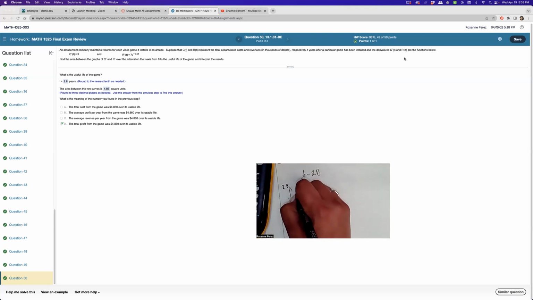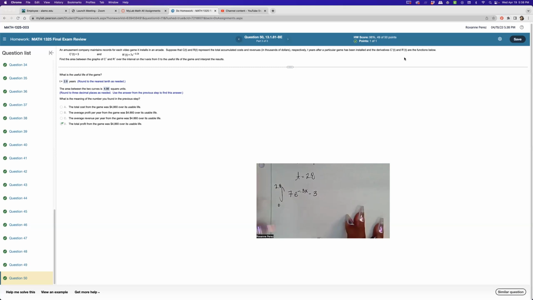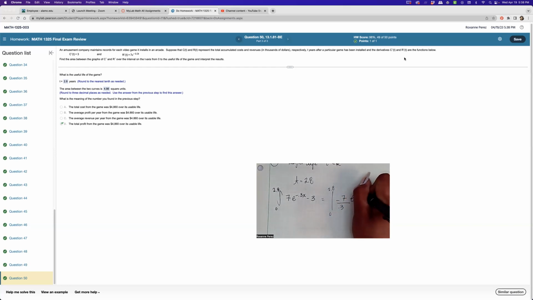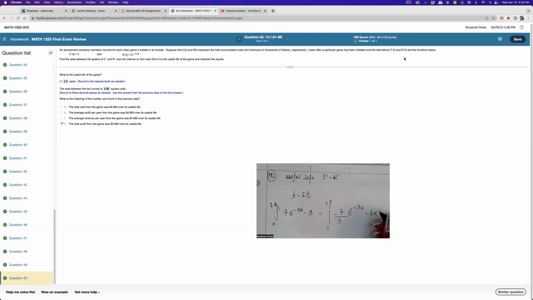So that's going to look like 7e raised to negative 0.3x minus 3. And then we're going to find the integral of this, and that's going to give us, from 0 to 2.8, negative 7 over 0.3 e to the negative 0.3x minus 3x. So here again, right, you should be doing some u substitutions.